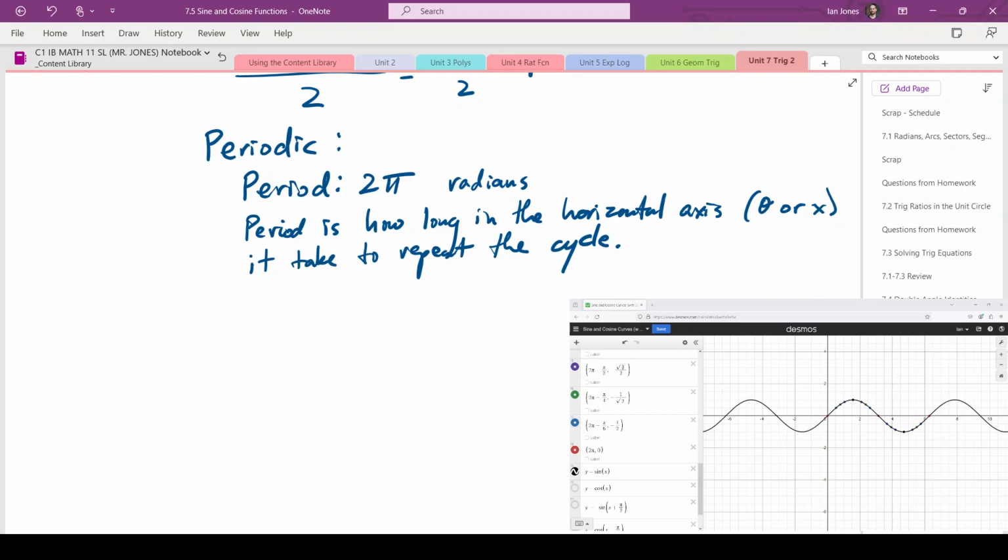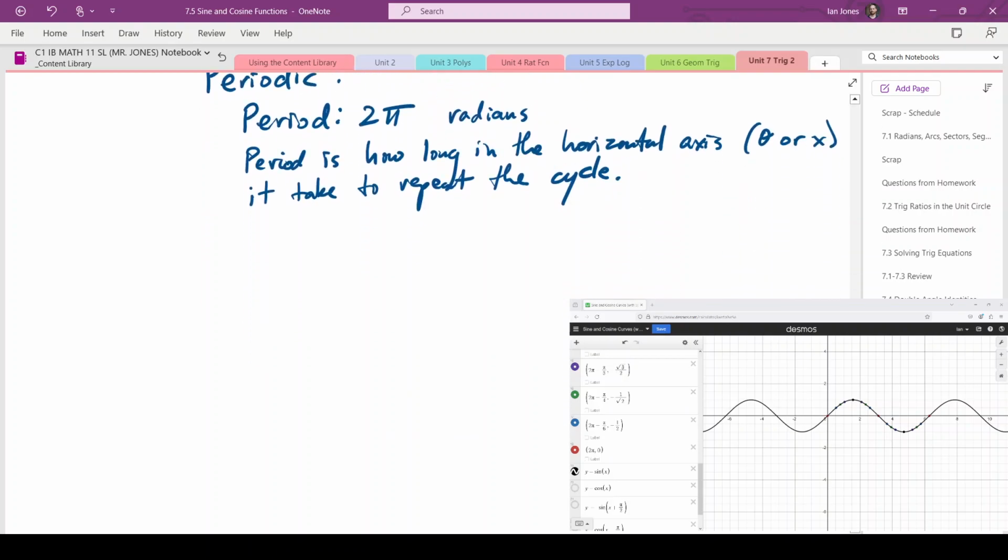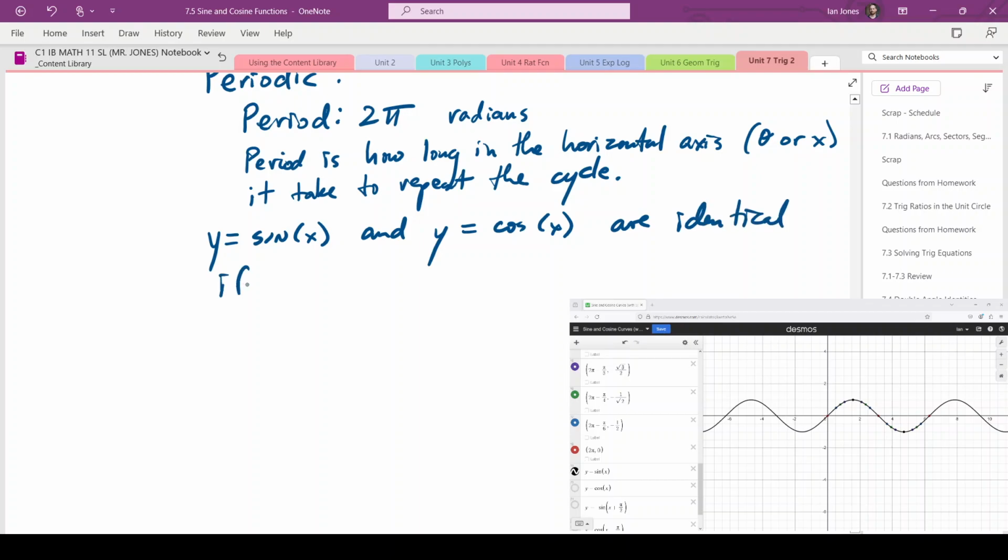And the last key feature to notice is that y equals sine of x and y equals cosine of x are identical if you shift by 90 degrees, or pi over 2. If you shift by pi over 2, or 90 degrees.